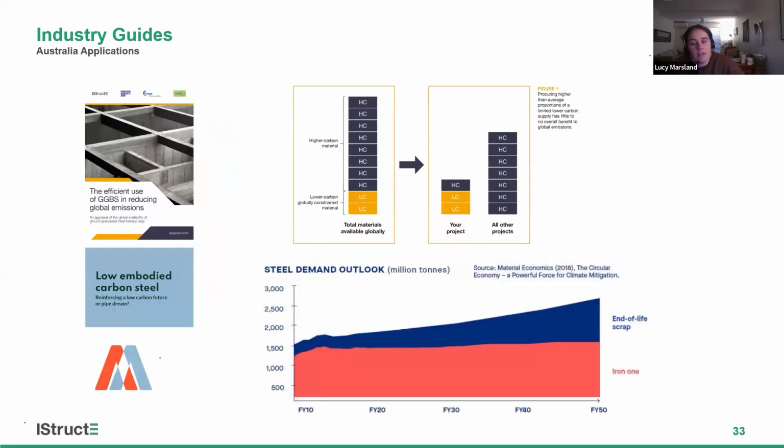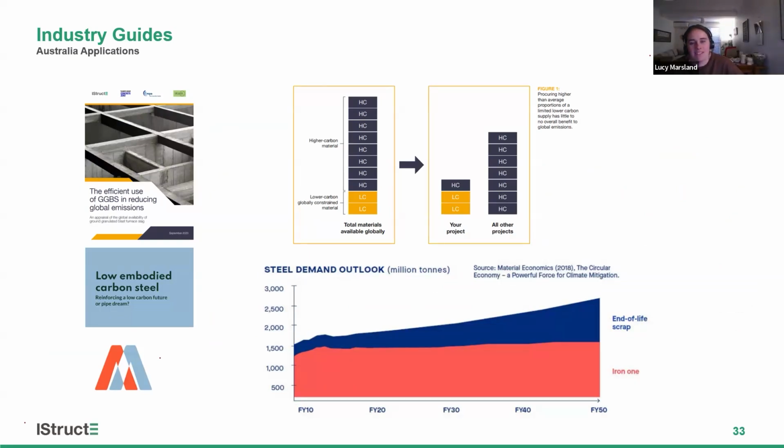Similarly, we have thought leadership around steel demand. And I know that there are similar actions in the UK, and a lot of the parallels, the principles, are consistent. We know that steel demand everywhere in the world is on the rise, and the need to find more scrap is a bit of a challenge in order to drive down steel product carbon intensity.